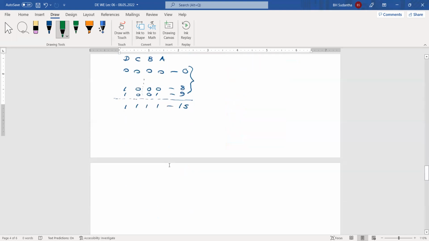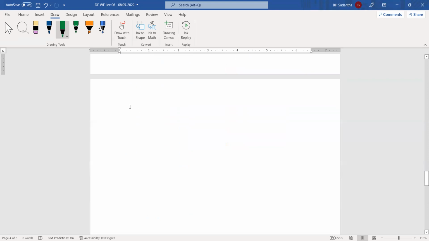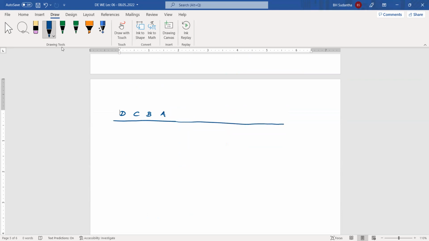Then shall we prepare the truth table for this one? We have these inputs D, C, B, A. This is the input side.